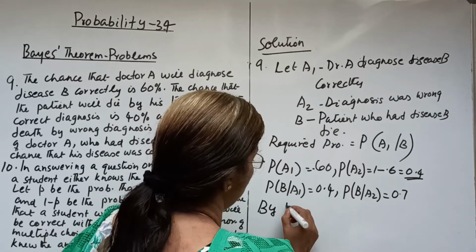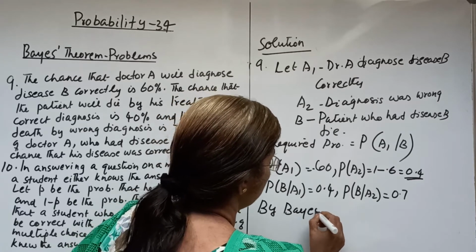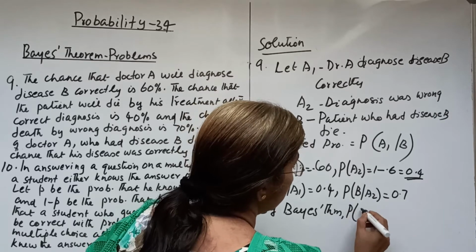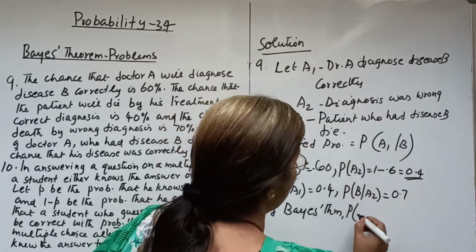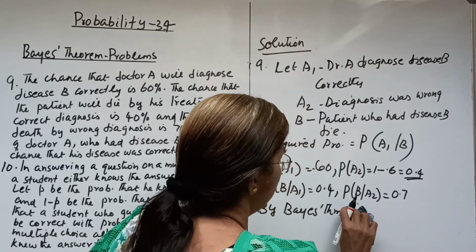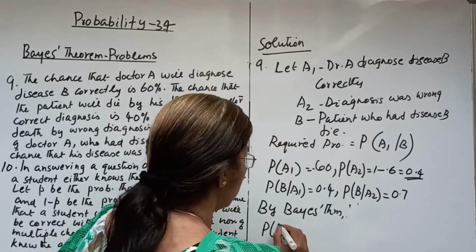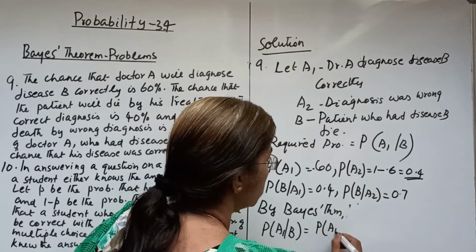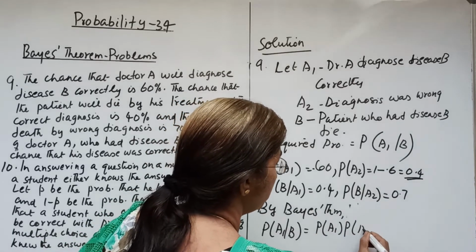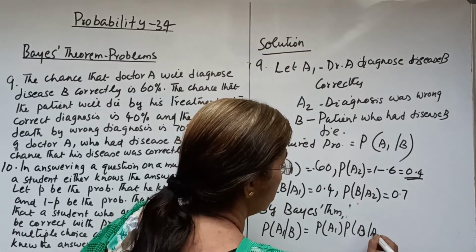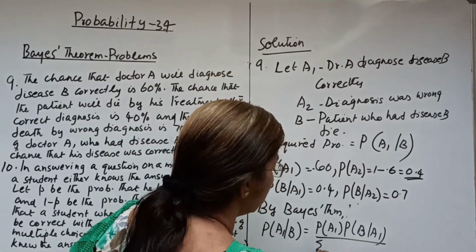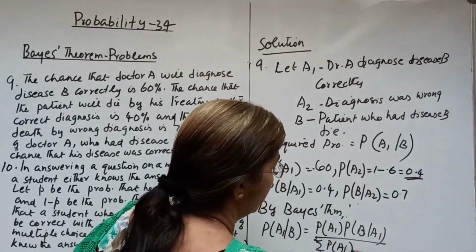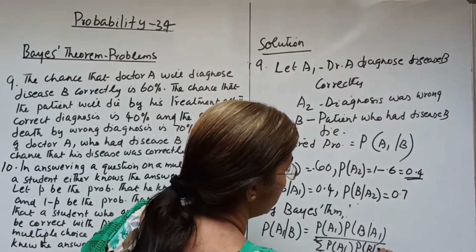By Bayes theorem, P of A1 given B is the required probability, and P of A1 given B equals P of A1 into P of B given A1, divided by the sum for i equal to 1 to 2 of P of Ai into P of B given Ai.